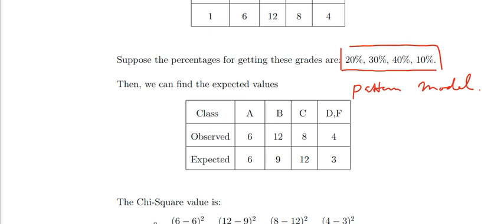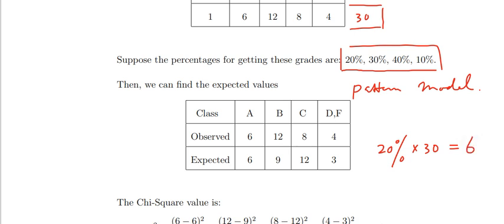Like here, how many can get A? 20% get A. Then totally, how many students? In our class we have 30 students, right? 20% of 30 is 6.